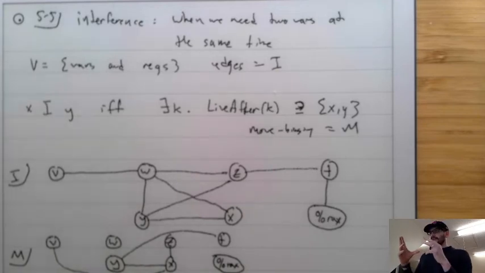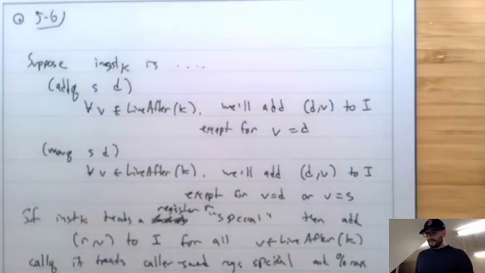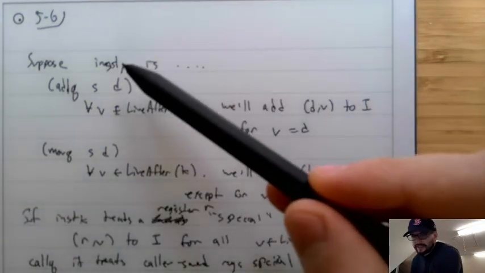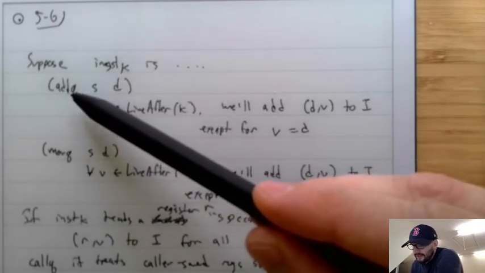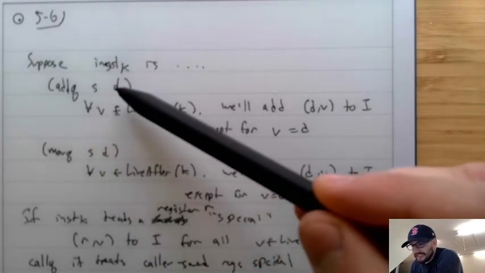The way that the linear algorithm works is that we walk through each instruction and we look at what that instruction does. And then we look at that instruction and its live after set. So suppose that we're looking at instruction k, and that instruction is an add. Then it has a source and a destination.